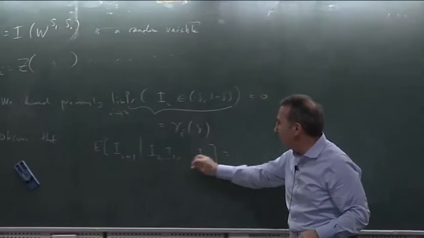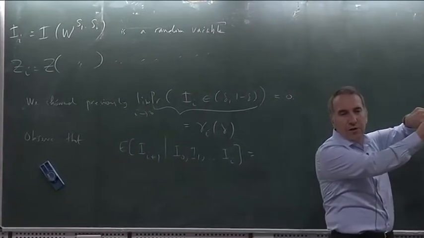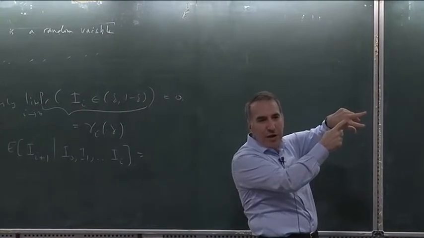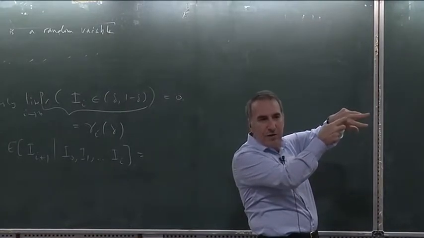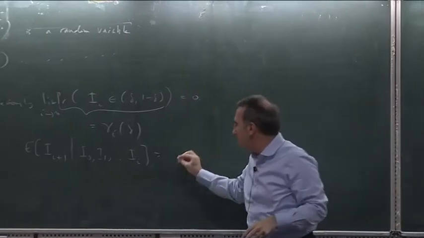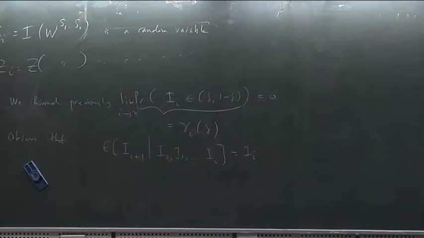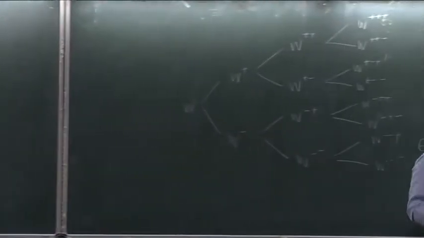But these 2 channels that you can create, the plus and the minus versions of the channel that you are at the ith level, their average value is exactly the I of the channel that you started from. So it's exactly equal to I sub I. So it's a process that is sort of like a fair random walk.